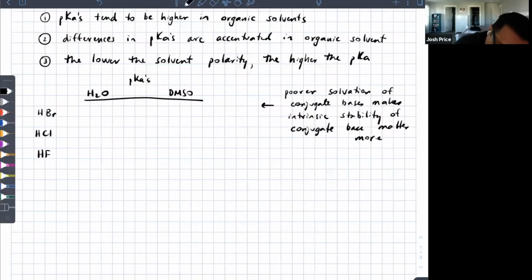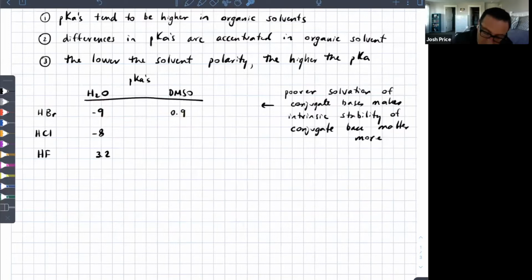In water, you've got -9, -8, and close to 4, 3.2. In DMSO, the numbers are spread out even more. So in DMSO, the pKa of HBr is now about 1. That's dramatically less acidic than it would have been calculated in water.